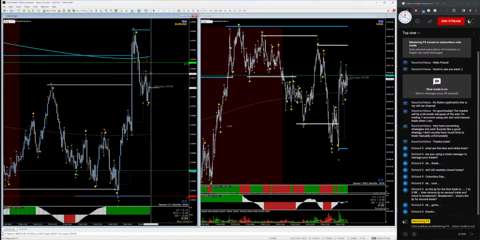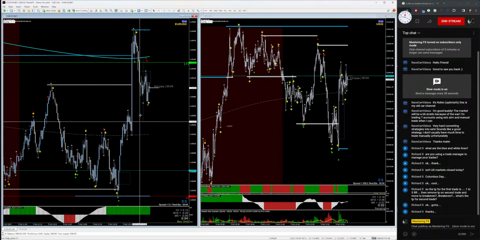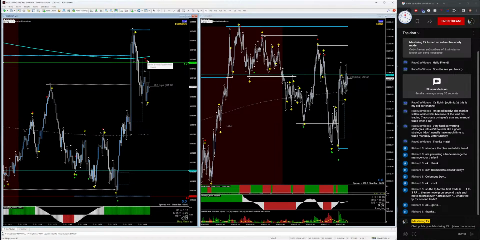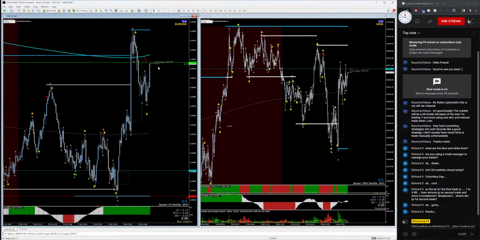And we had a fair value gap. However, we are still green here, so I don't consider this valid, even though we also had a red arrow now, which came in way too late, even for my kind of entry. So I'm just waiting for the next signal, see if that one does better. And we do have support already.